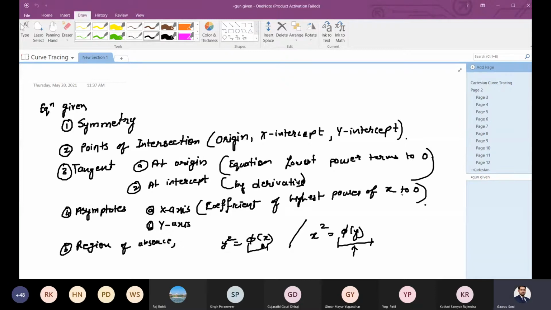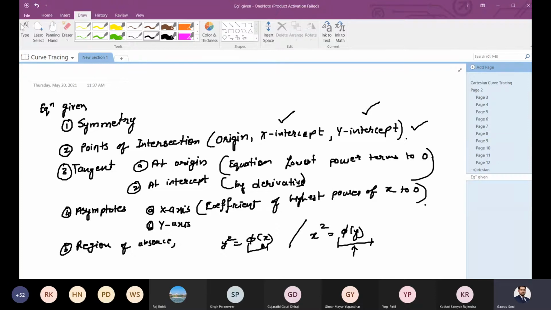The next point that we need to check is the point of intersection. Here I want to see whether the curve intersects the origin or not. Does it intersect the x-axis? Does it intersect the y-axis? And at whatever points of intersection we get, I need to find the tangent.